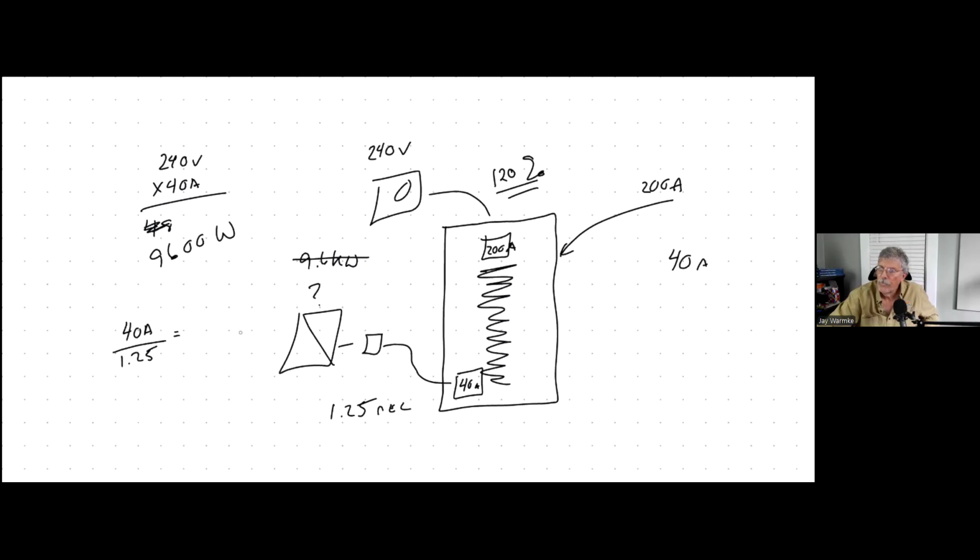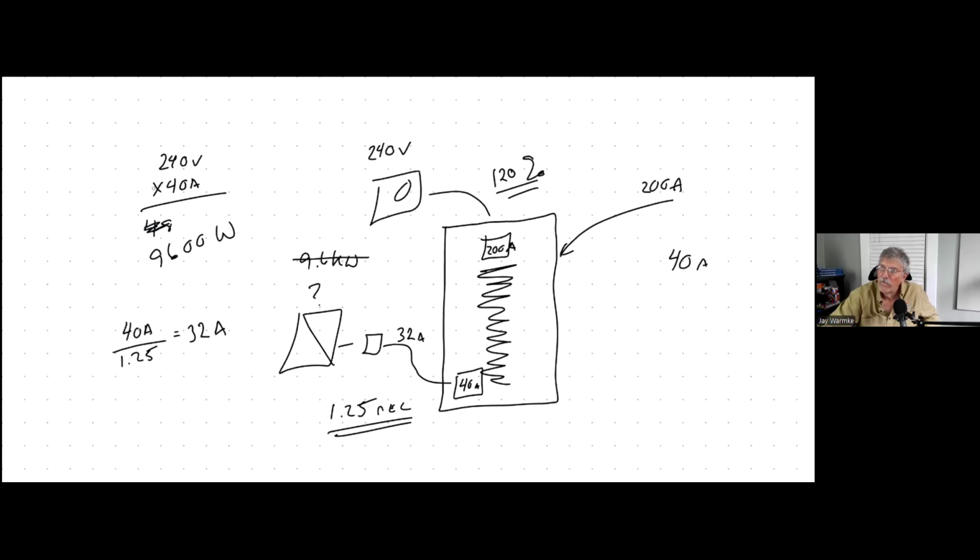So in order to connect to a 40 amp breaker, you can't have more than 32 amps running on that wire because of the safety margin that's required by the National Electrical Code. So the real amperage is not 40 amps, it's 32 amps.